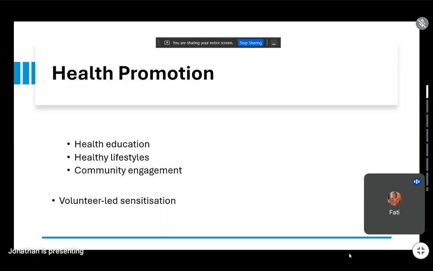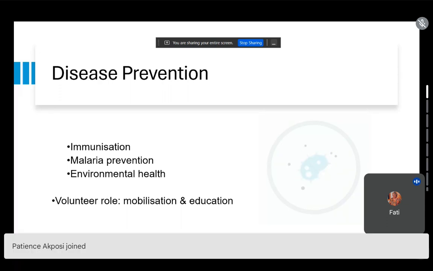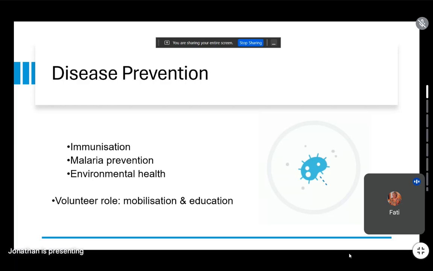Now let's go to the third one, which is disease prevention. This includes immunization, mosquito net distribution, environmental hygiene campaigns, and preventive medication programs. As a volunteer, you help by mobilizing households, distributing logistics such as mosquito nets or mosquito repellent that is applied on the skin, or by reinforcing preventive behaviors.